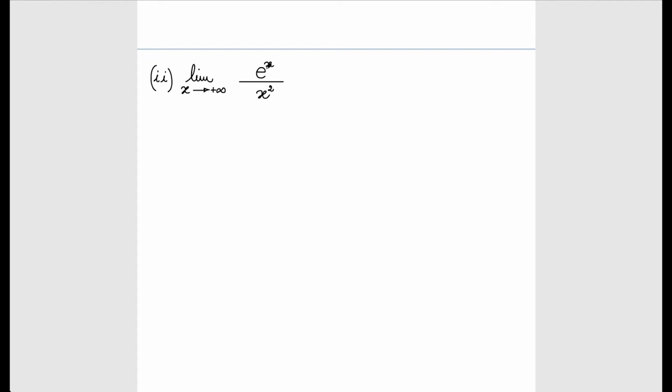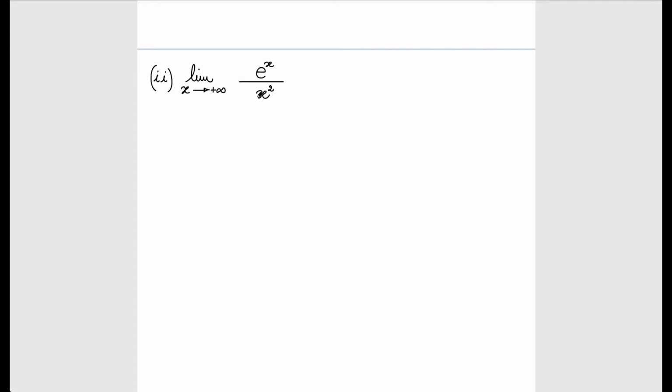It can be employed as long as I verify the conditions. I need to check that e^x remains differentiable as x becomes large, and x squared is differentiable as x becomes large. Well, they are differentiable no matter what x is, right? Each individual one.